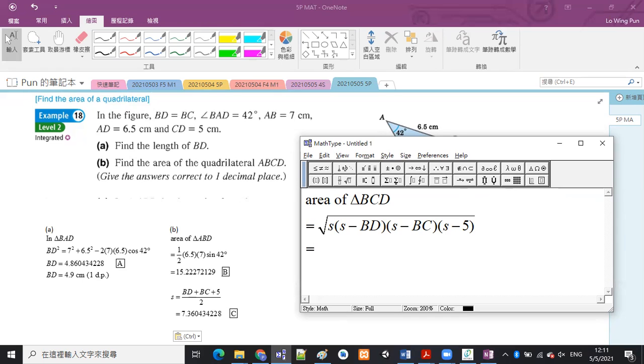Then enter, and then take the square root. I think it's 10 point something, right? This is not the final answer yet, because we need to add the two areas together, right? So I need to store this to memory D.